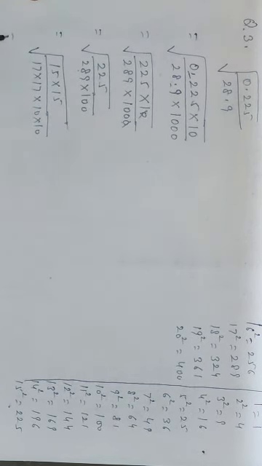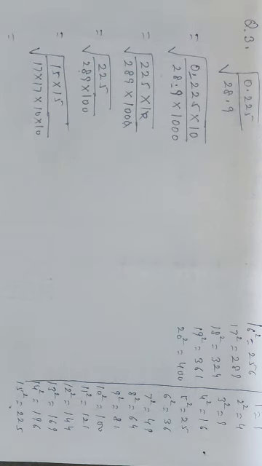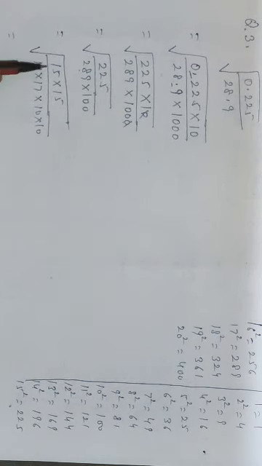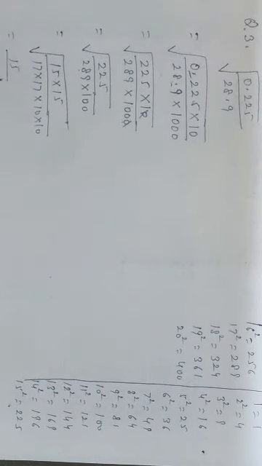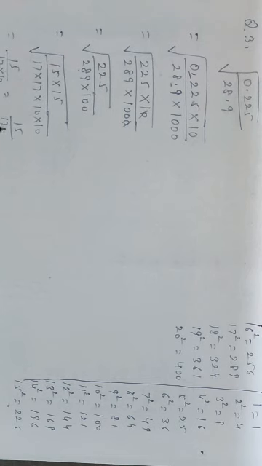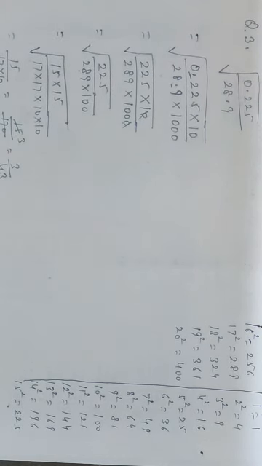Now, I have converted all the numbers in the form of pairs, in the form of squares. So 15 into 15, 15 will come out. 17 into 17, 17 will come out, and 10. So 15 by 170, or I can cancel it. So my answer is 3 by 34.